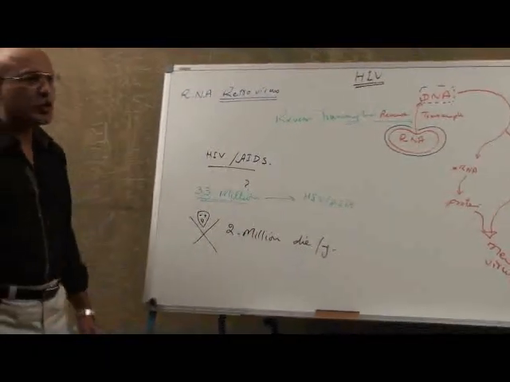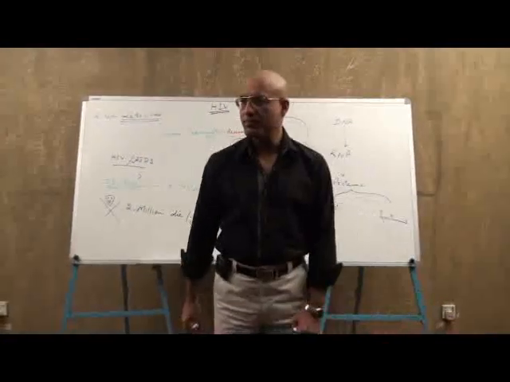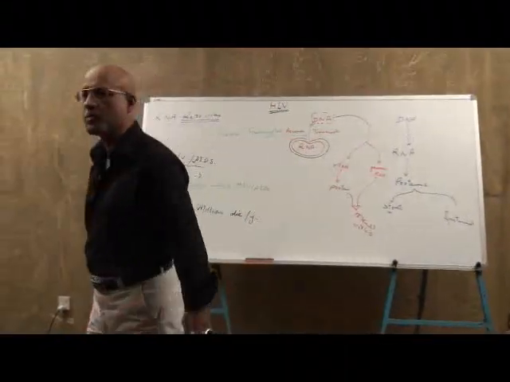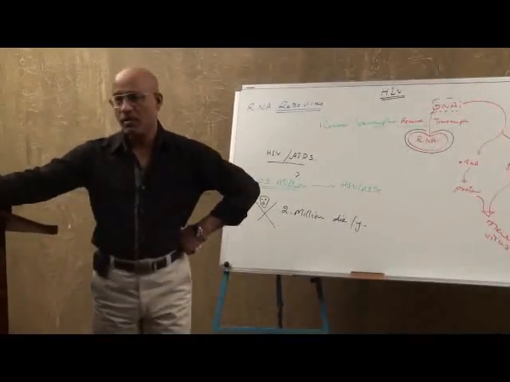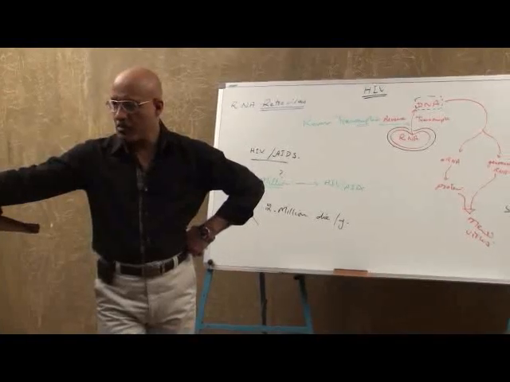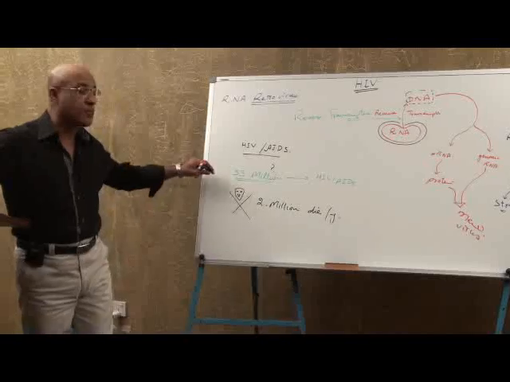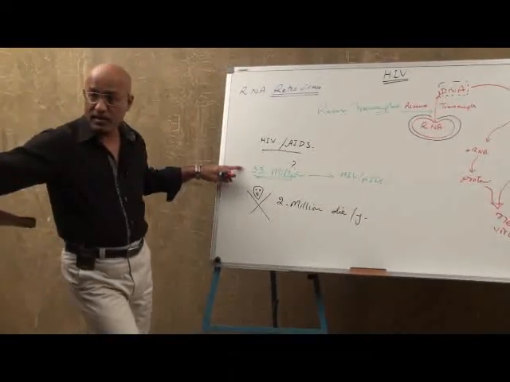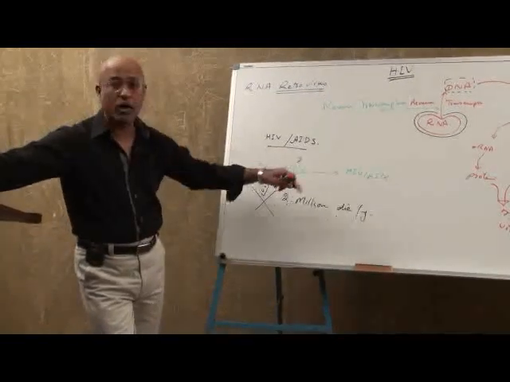And how many new infections occur approximately on average every year? How many unfortunate people get this virus? Anyone has some idea? It's a very sad situation that 33 million people are already living with this virus, and many of them have already developed AIDS also.